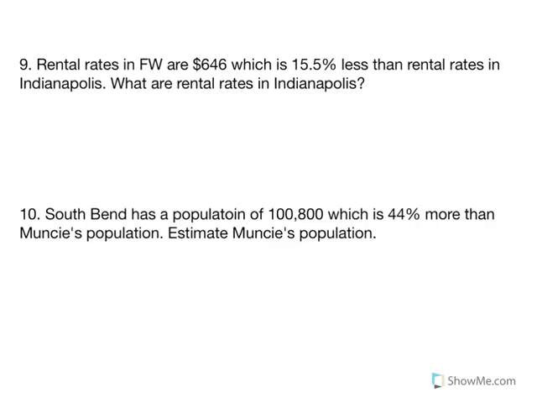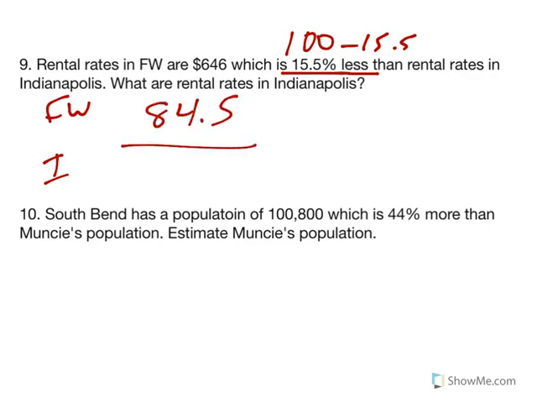Let's go ahead and move on to number 9. Rental rates in Fort Wayne are $646, which is 15.5% less than the rental rates in Indianapolis. Now for a problem like this, I like to know what I'm talking about. So I've got Fort Wayne and I've got Indy. And I know that Fort Wayne is 15.5% less. So my reference is 100, and I'm going to subtract 15.5, and I get 84.5, and knowing that our other one has to be 100.